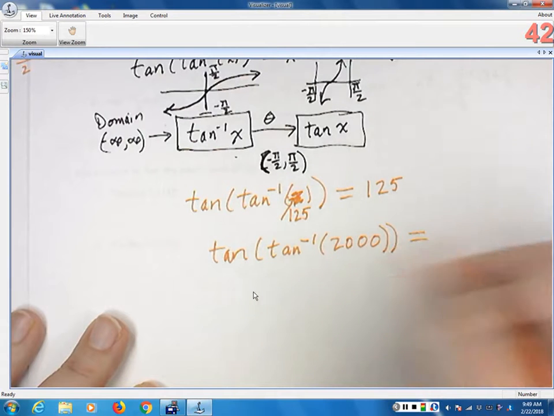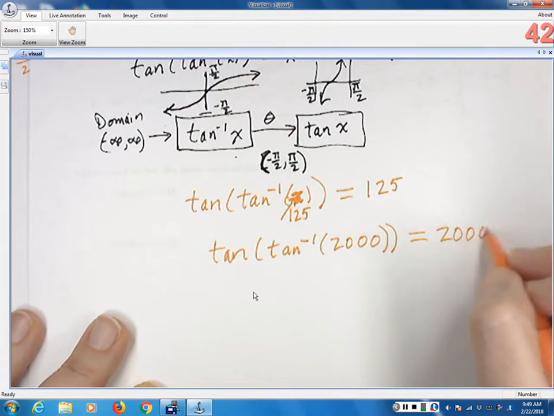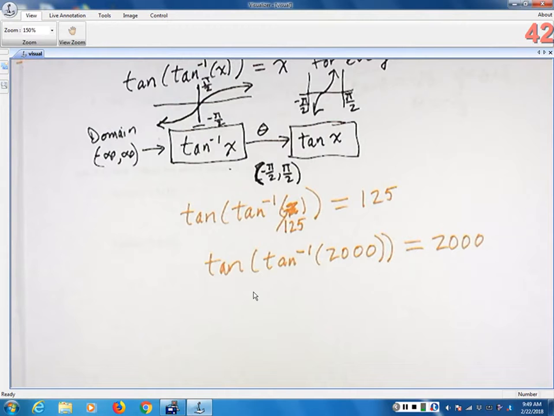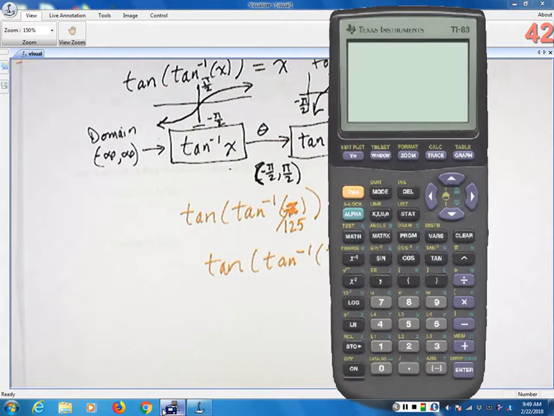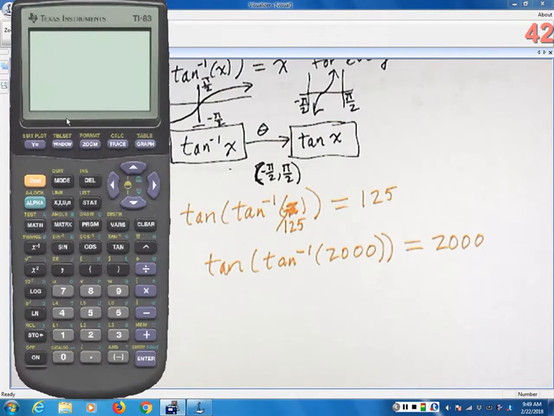Whatever you put in here comes out. You can do that in your calculator. And you will get that. If you take the tangent of tangent inverse of 2000.